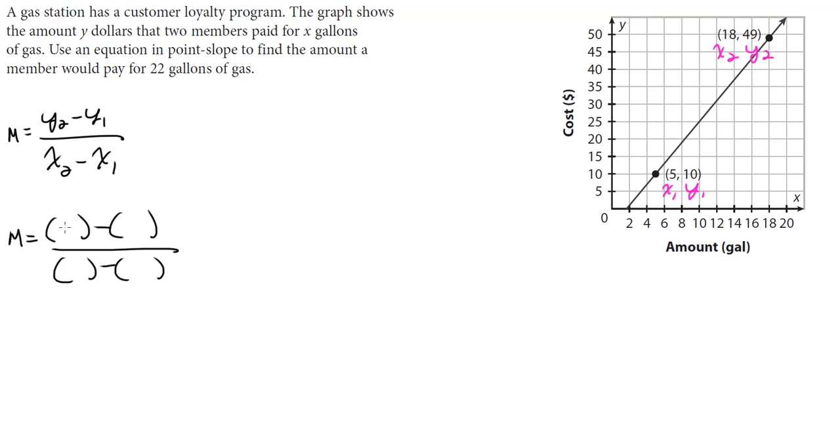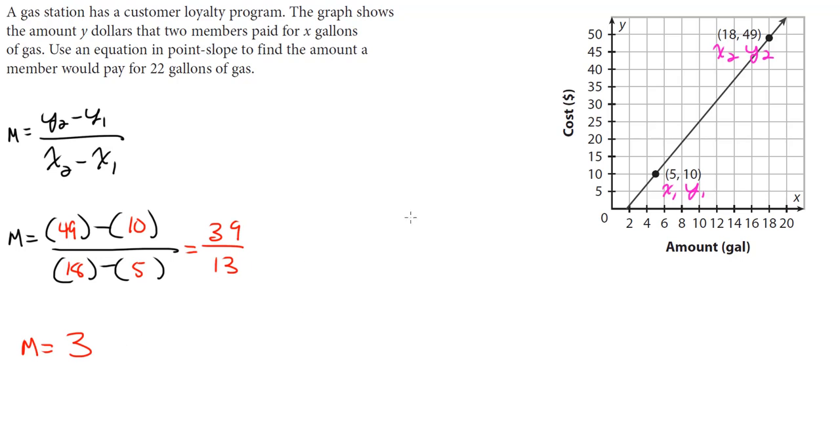My y2 is 49, my y1 is 10, my x2 is 18, and my x1 is 5. Now 49 minus 10 is 39, and 18 minus 5 is 13, and 39 divided by 13 is 3. So our slope is 3.